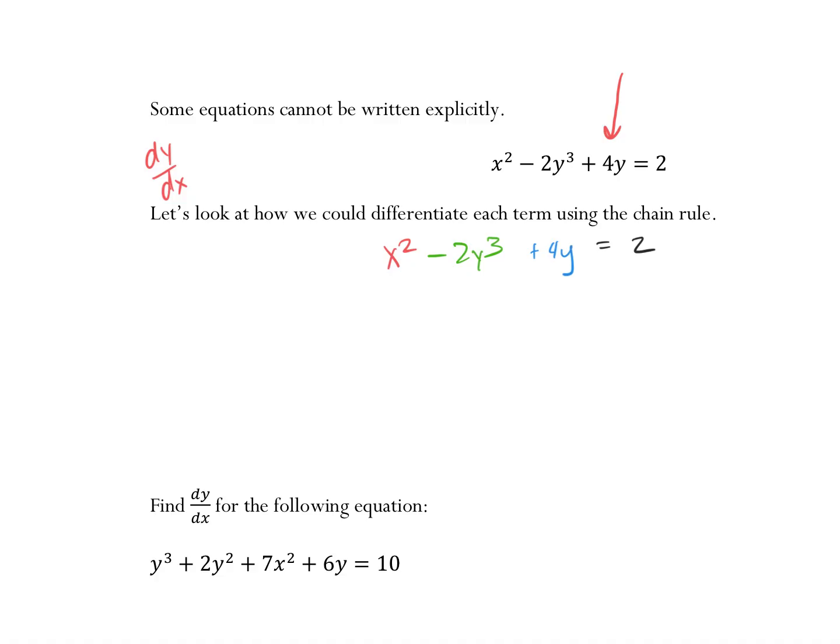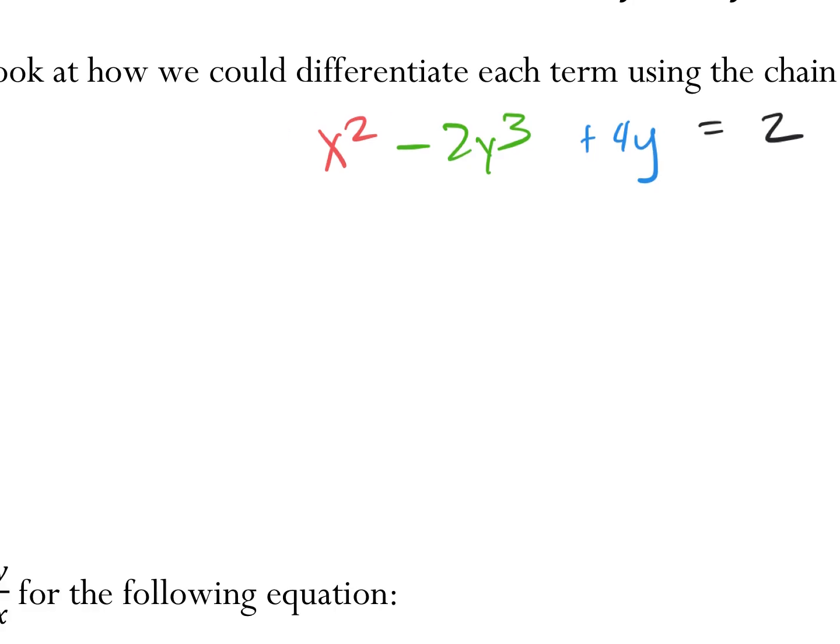We're basically going to take the derivative of each of these terms with respect to x. So what is the derivative of x squared? 2x. In reality, what we just did was take a derivative of an x term with respect to x, but dx dx is 1. It doesn't matter.